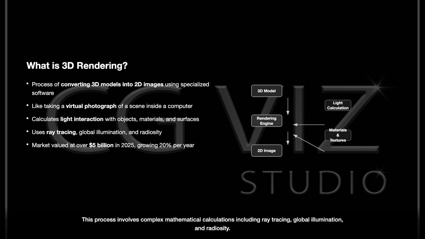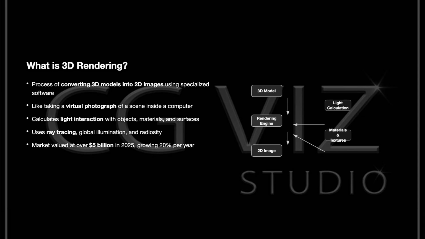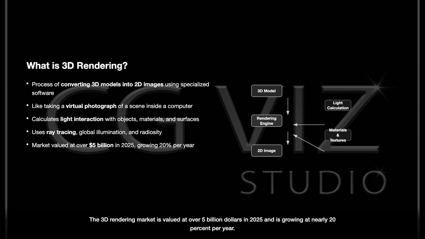This process involves complex mathematical calculations including ray tracing, global illumination, and radiosity. The end result can be a single still image, a sequence of frames for animation, or a real-time interactive experience. The 3D rendering market is valued at over $5 billion in 2025 and is growing at nearly 20% per year.